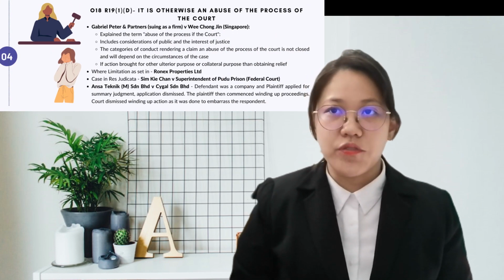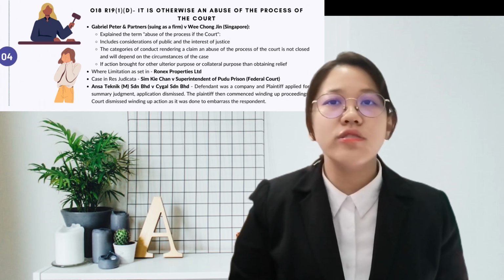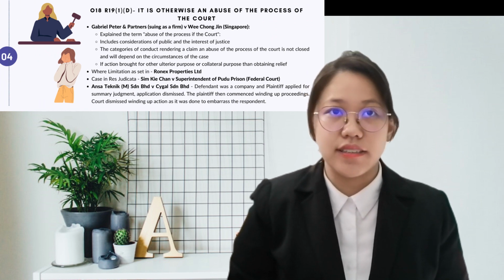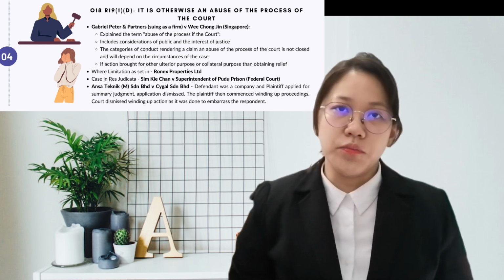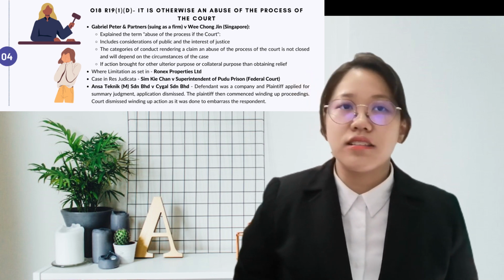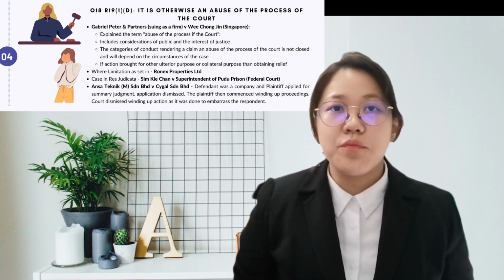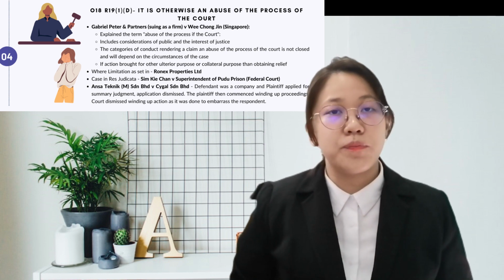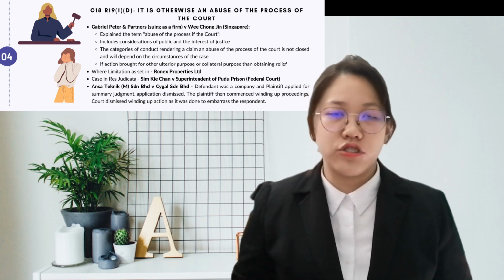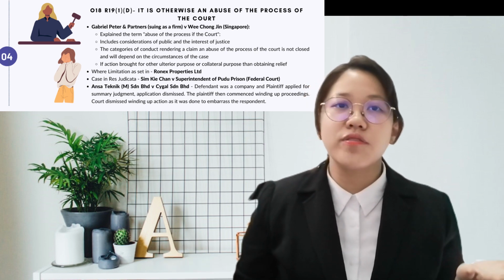The fourth one is otherwise an abuse of the process of the court under Order 18 Rule 19(1)(d). In the case of Gabriel Peter and partners suing as a firm versus Wee Chong Jing and others, the court held that the term abuse of process of the court under this rule has been given a wide interpretation by the court. It included consideration of public policy and the interest of justice.